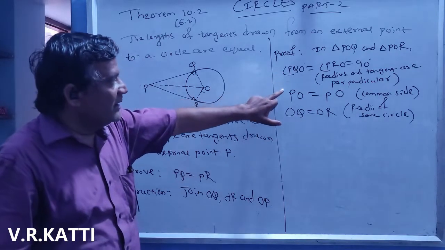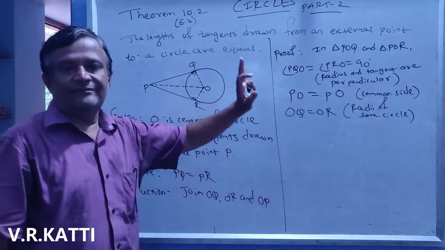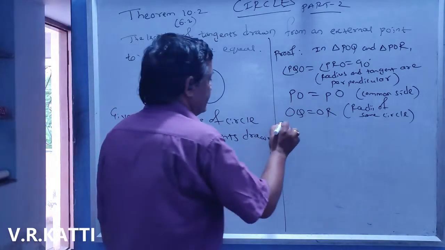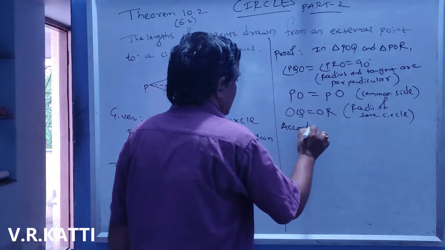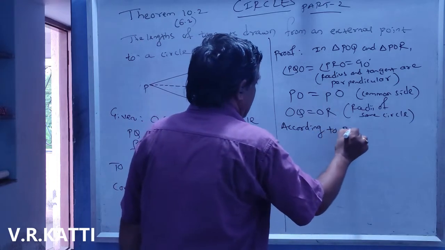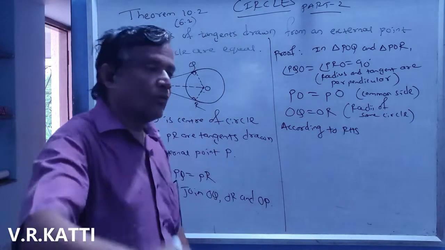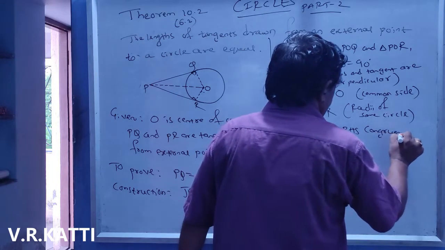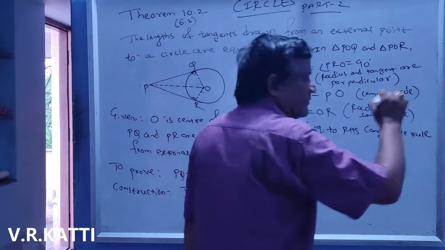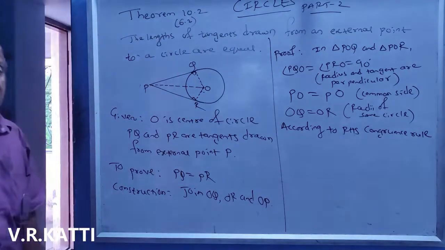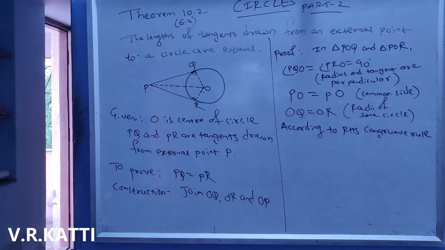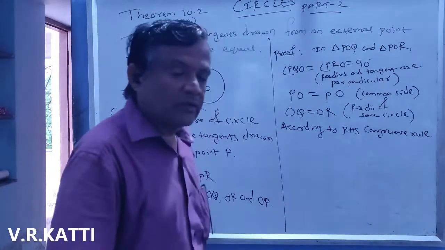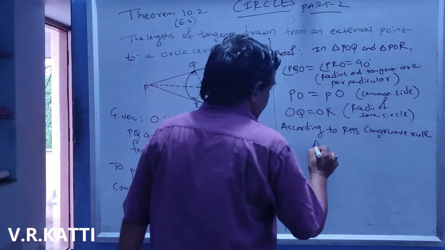So right angle, hypotenuse, side: it is RHS, according to the RHS congruence rule. So triangle POQ is congruent to triangle POR.